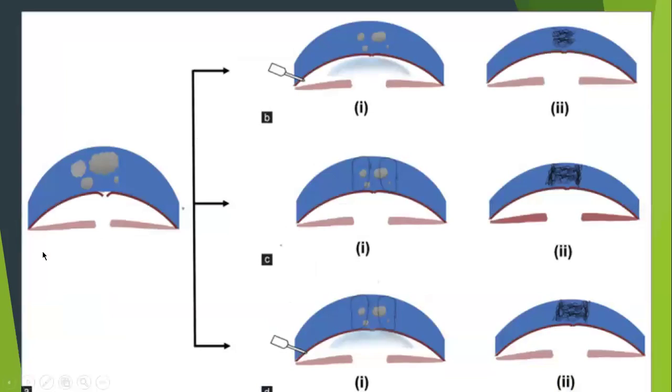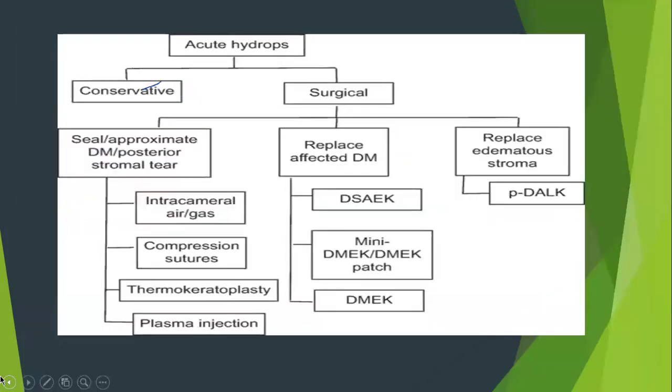Let's say this is your Descemet's. There is a rupture over here. Rest of the endothelium is okay. What you do, you can remove a small patch of Descemet's membrane and inject a new small patch, and you will reoppose it with the gas. This will be called mini Descemet's membrane endothelial keratoplasty, or mini DMEK.